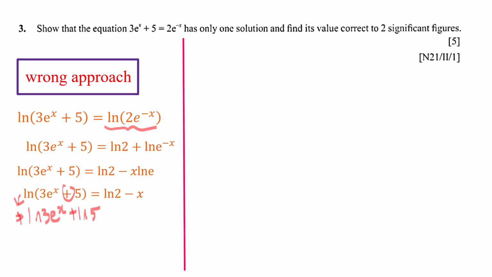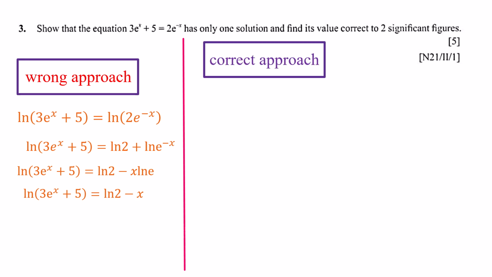So if that's the case, then how do you go about solving this kind of exponential equation? Yes, for this sort of exponential equation, we have to use the substitution method. Okay, so the correct approach is to let e to the power of x be a letter a or b or whatever letter you fancy.